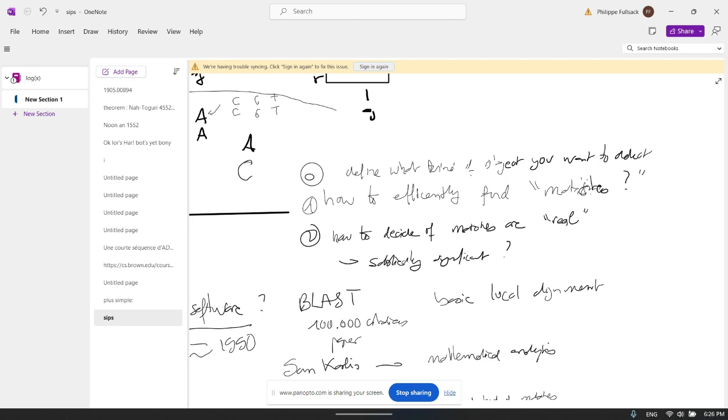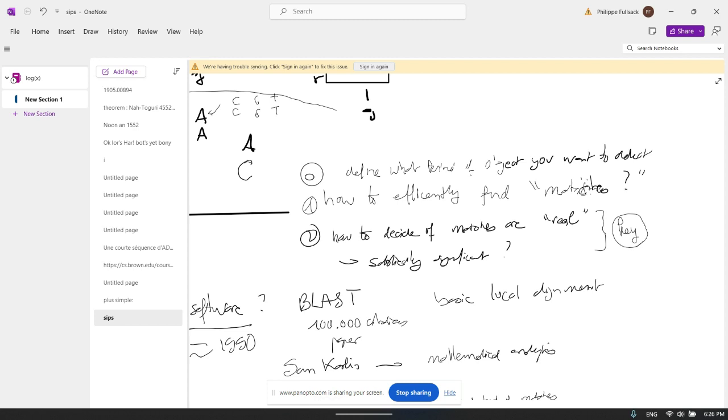bioinformaticians excel. And finally, and this is the one I'm going to look at here, we have to develop a method to decide if matches are real, statistically significant, or if they just occur by chance. This is critical, because unless you understand this, you don't really understand what's going on.